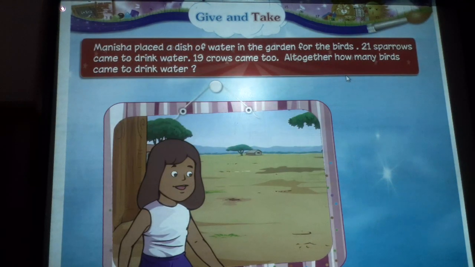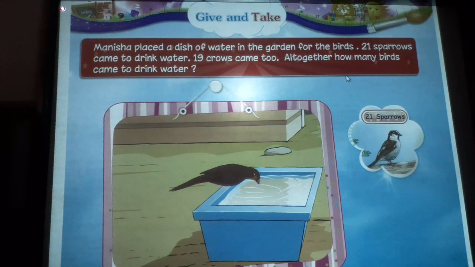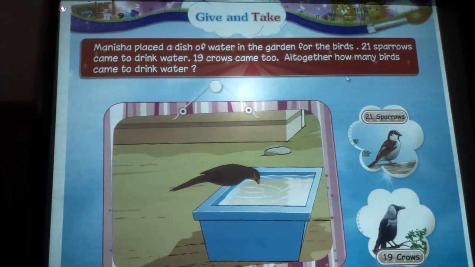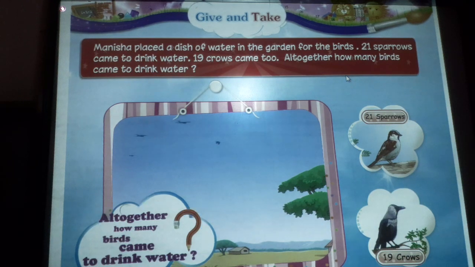Manisha placed a dish of water in the garden for the birds. 21 sparrows came to drink water. 19 crows came too. So tell me, Starry, all together, how many birds came to drink water?